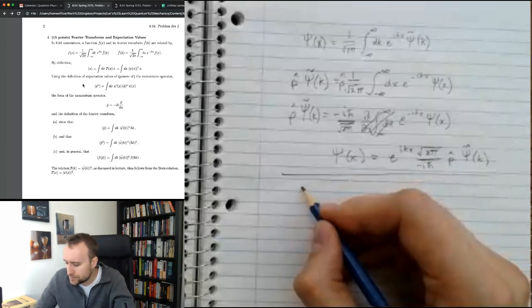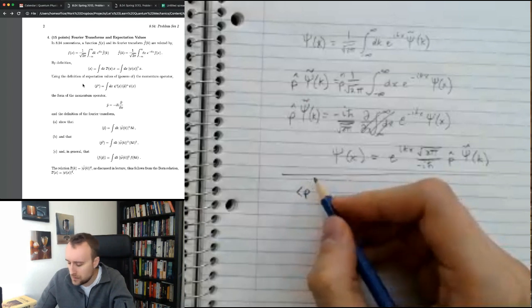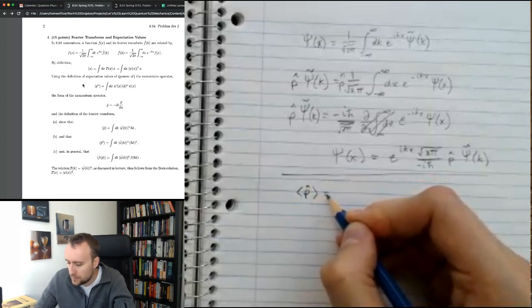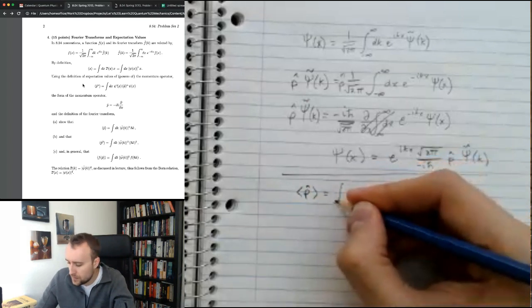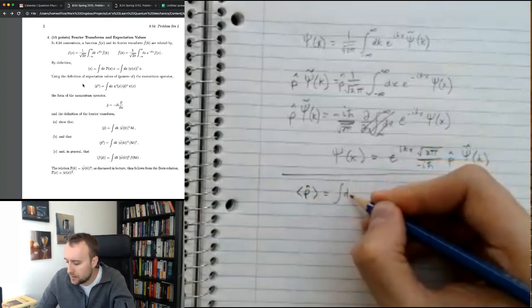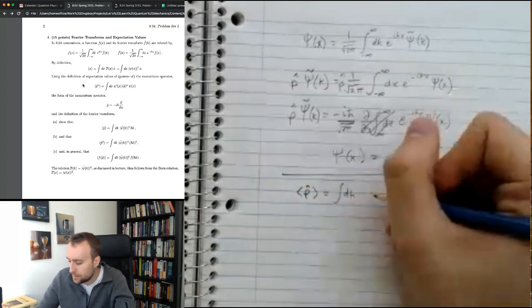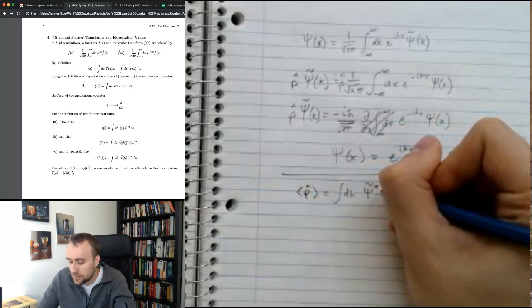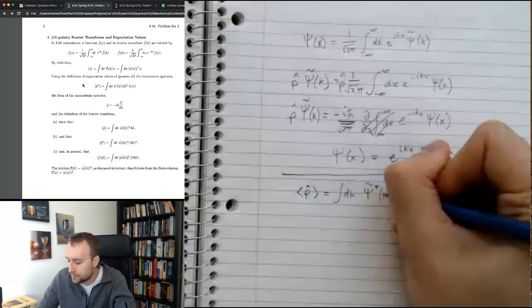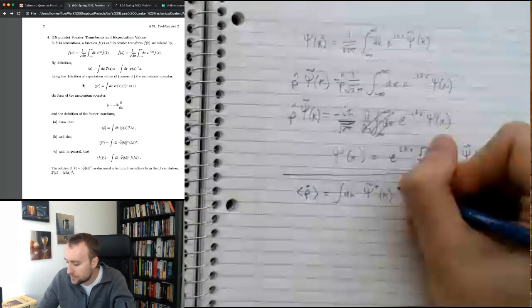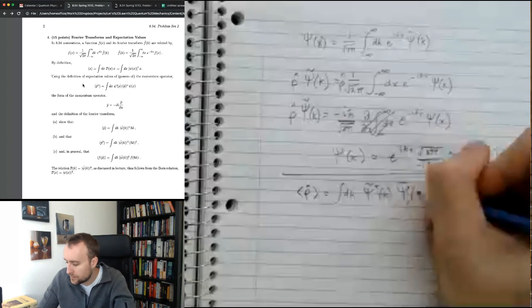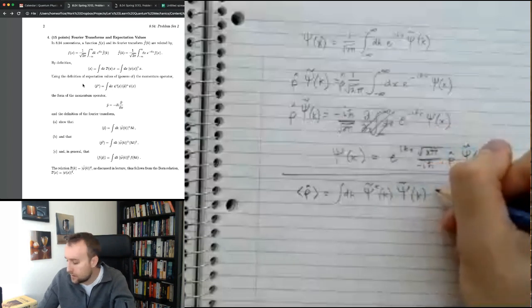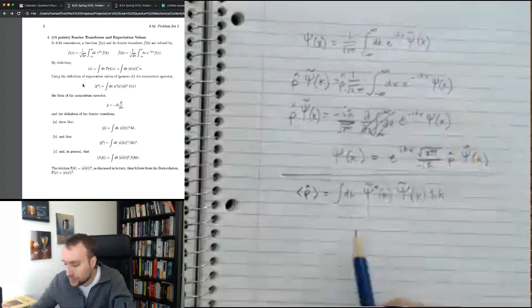So if we go, p hat is equal to this dk h bar k.